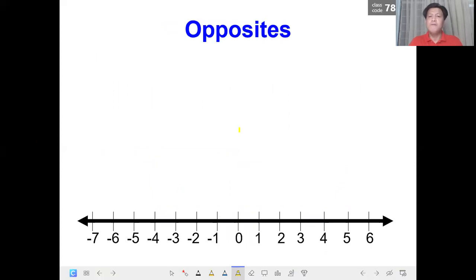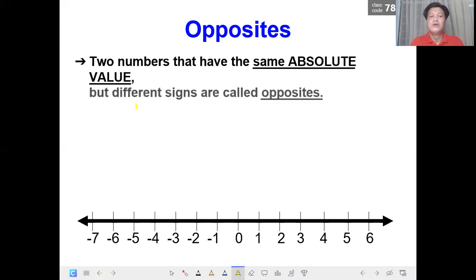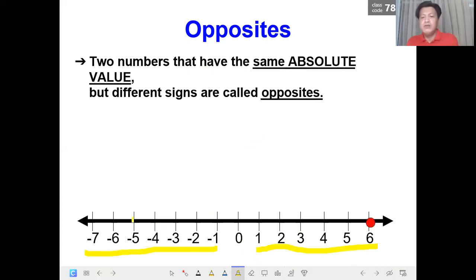So with that, meron tayong tinatawag na opposite sa absolute value. Two numbers that have the same absolute value but different signs are called opposite. Kung mapapansin natin, meron tayong negative numbers and positive numbers. So ibig sabihin yung katapat niya, no? So we call that opposite. And the example will be, ayan, kung mapapansin natin, nandito yung 0, tapos negative 6, tapos positive 6.